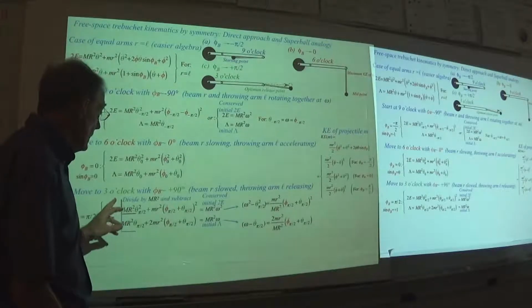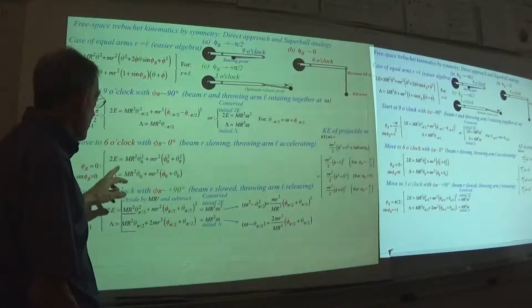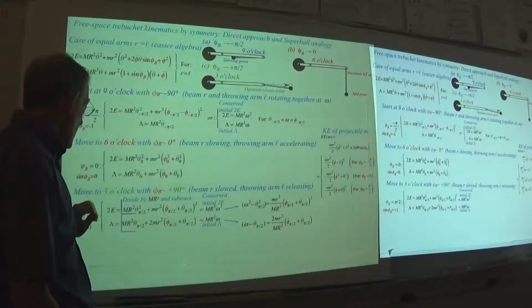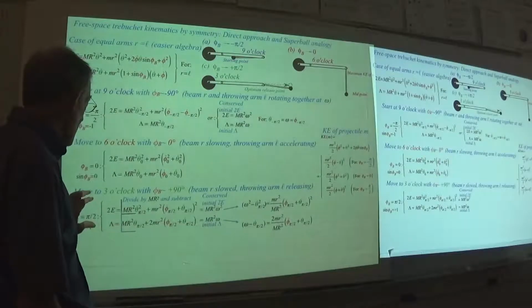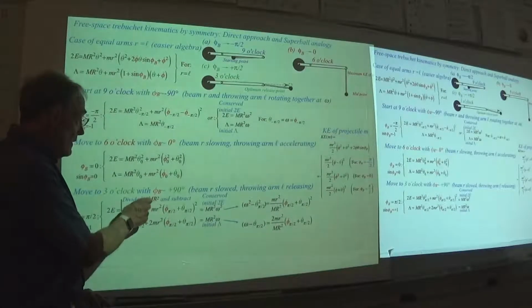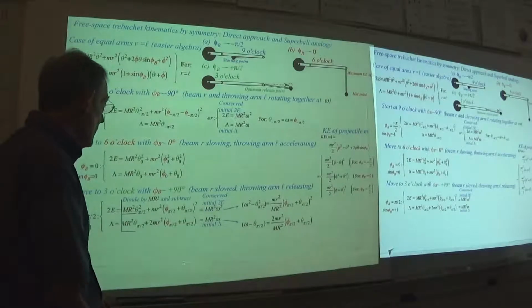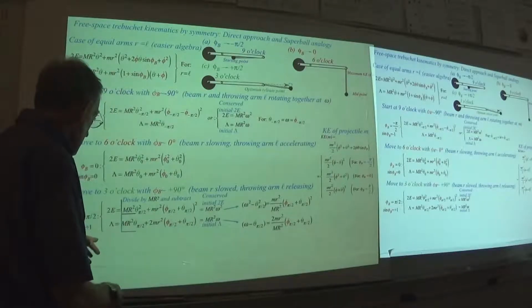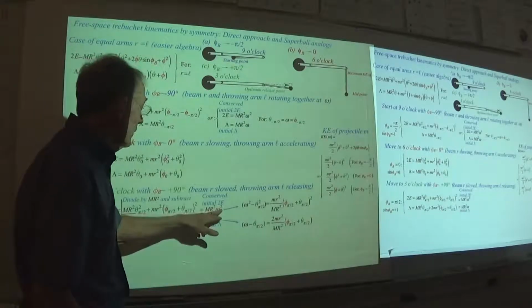Now, what I'm going to do is take this one right here. This is the one we're interested in. I'm going to take this one and divide by mr squared and subtract. So I'm going to end up exposing the omega squared here.